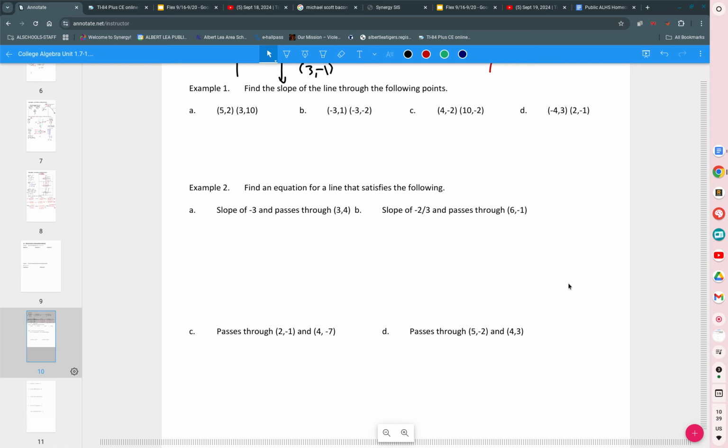Are we supposed to do all of them? Yep, all 4. Negative 2 plus 2. Negative 2 minus 4.